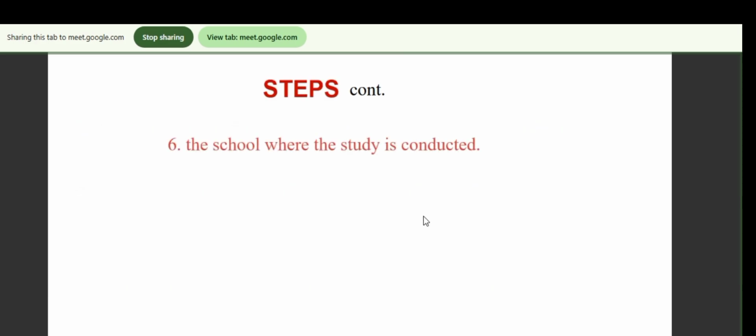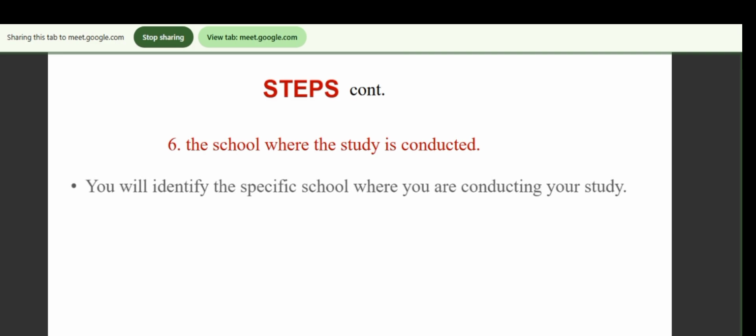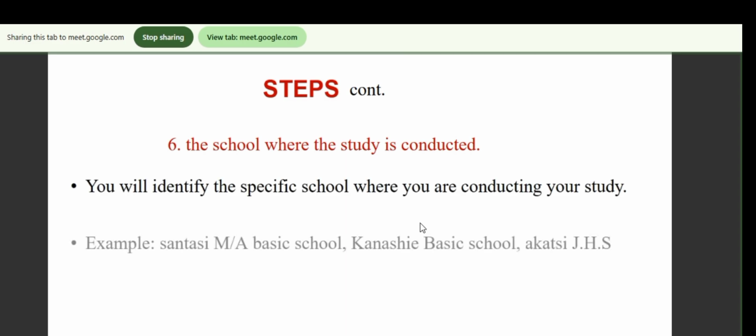And the last aspect, the school where the study is conducted must also be in your action research topic. So you identify the specific school where you are conducting your study. Example, Santase MA Basic School, Kaneshi Basic School, Akati DHS. These are some of the examples that I am giving out.